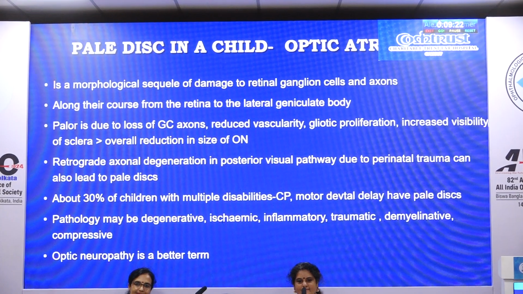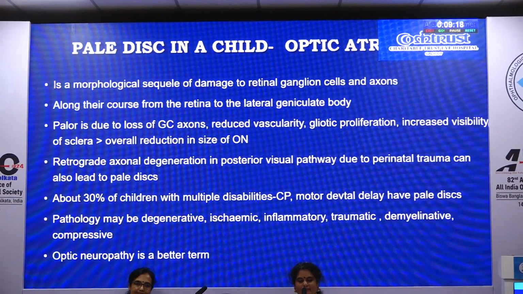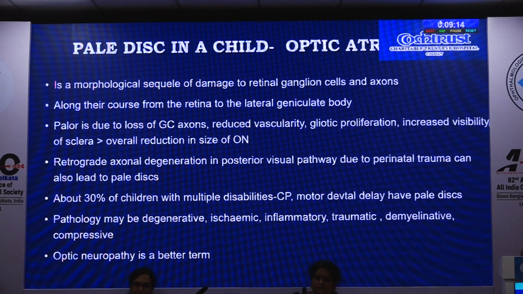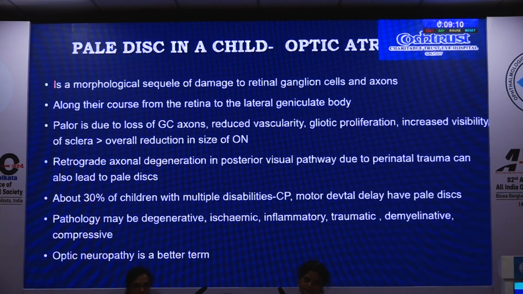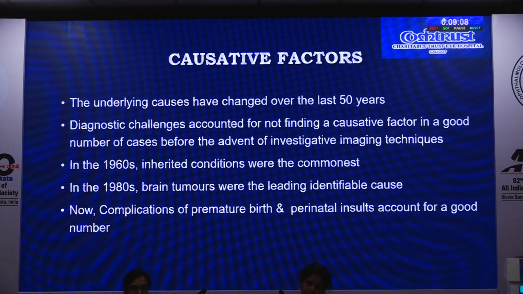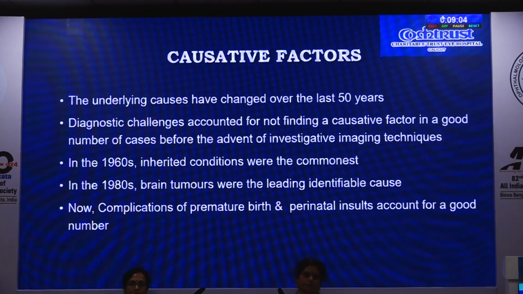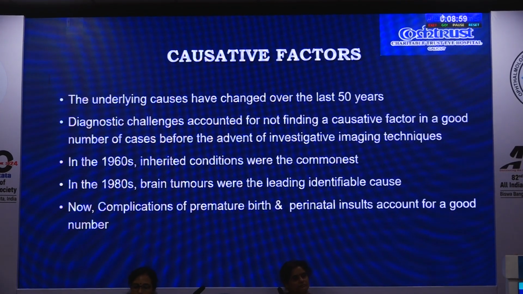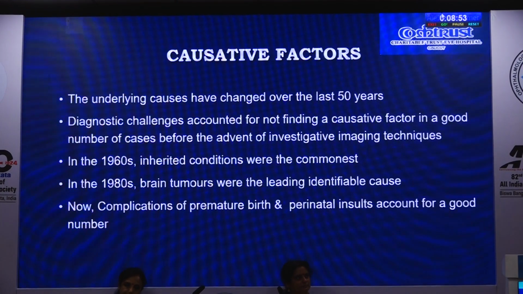About 30% of children with multiple disabilities like CP and motor developmental delay have pale discs. Pathology may be degenerative, ischemic, inflammatory, traumatic, demyelinative, or compressive. Optic neuropathy is a better term than atrophy. The causative factors have changed over the last 50 years, as diagnostic challenges accounted for not finding a causative factor in a good number of cases before the advent of imaging modalities.